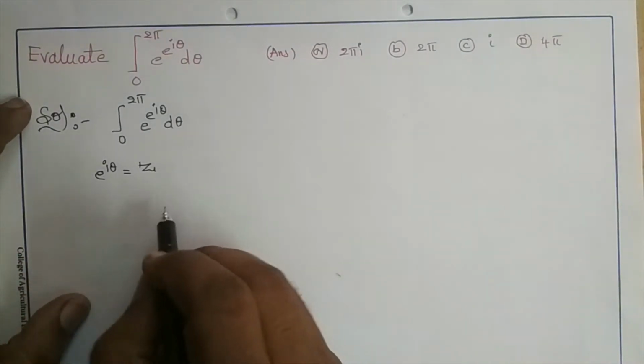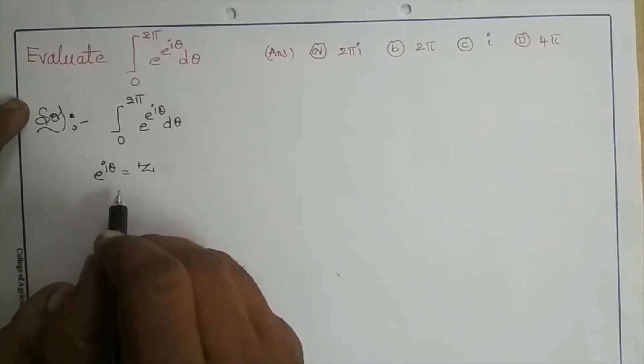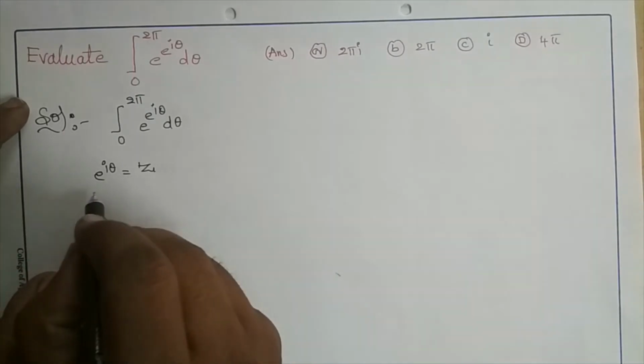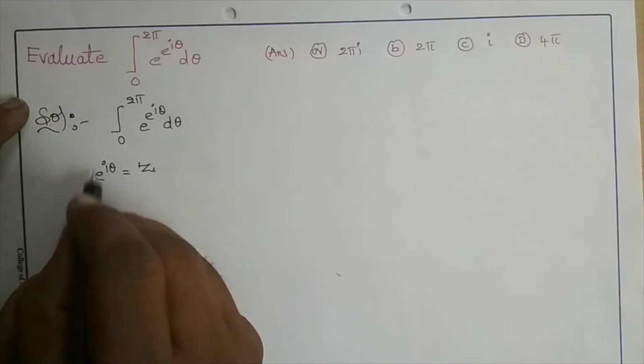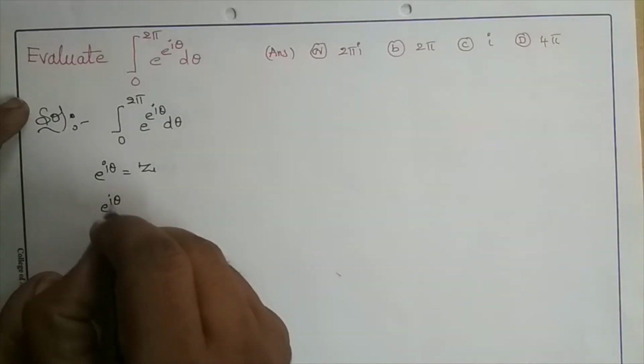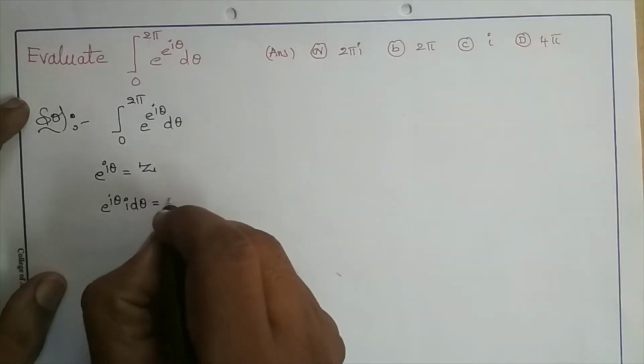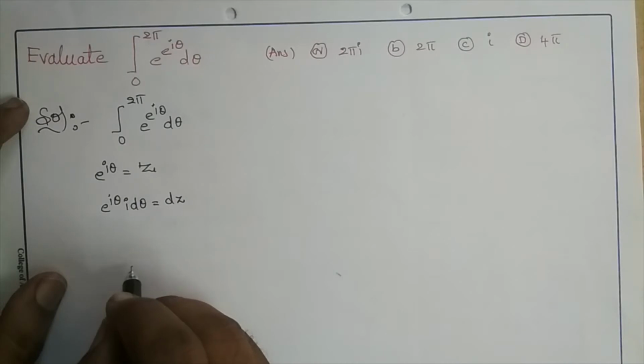Let us directly, it is not possible, so let us go for substitution. The substitution is e power i theta is equal to z. Differentiate on both sides: i into d theta e power i theta is equal to dz.